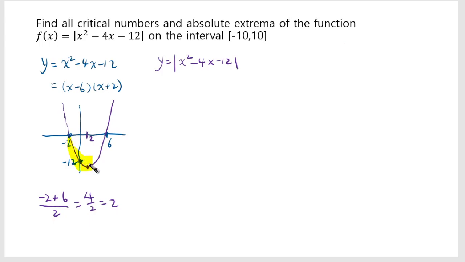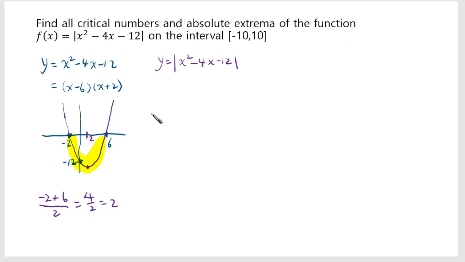We are looking at this portion right here. That's the place where the y value is negative, and therefore if you take the absolute value, those will become positive. So for example, negative 12 will become positive 12. I don't know what this value is, but that's going to be positive, right?